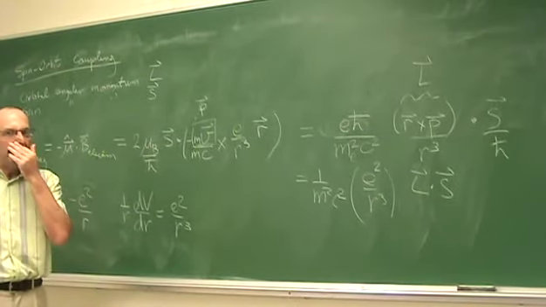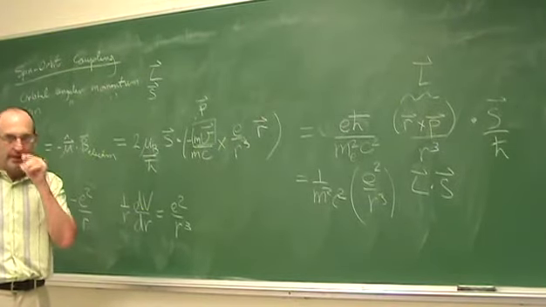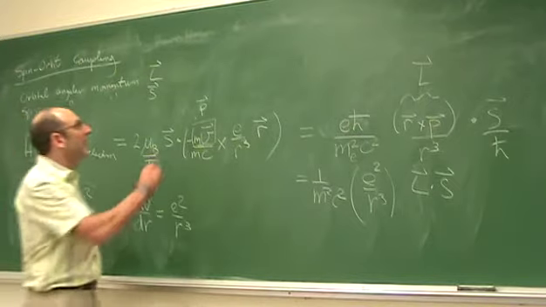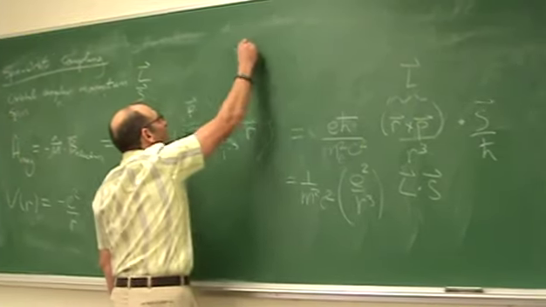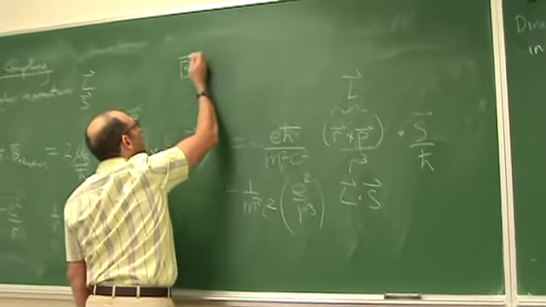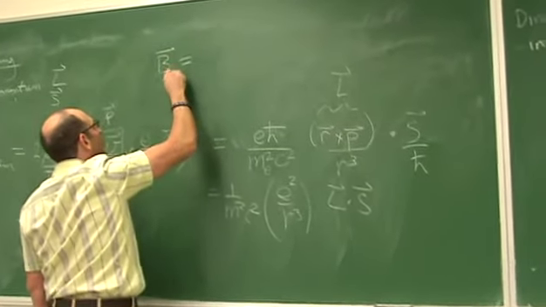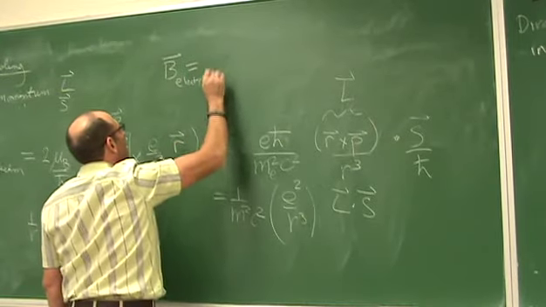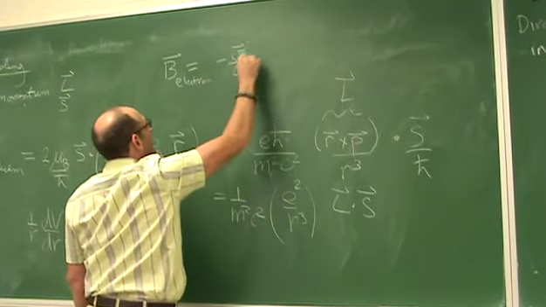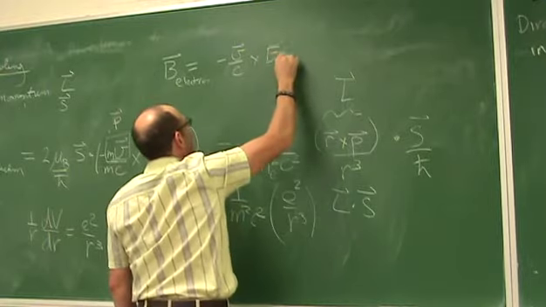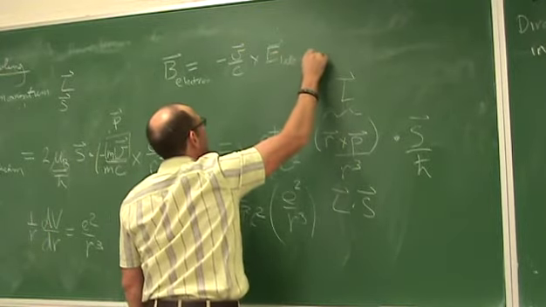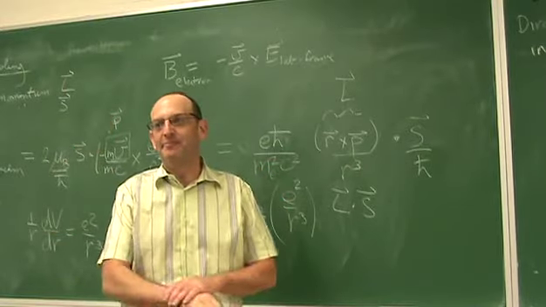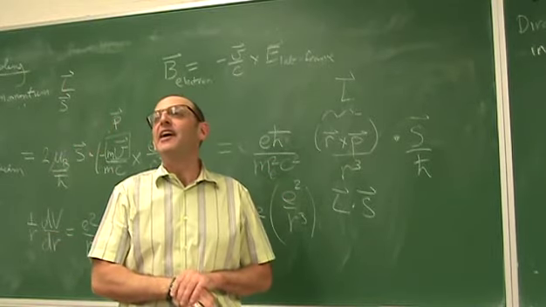And the physics that we did wrong here is a very subtle business, in that when I wrote down that B in the electron frame was minus v over c cross E, I made some very kind of shady remark. And I said something about the instantaneous rest frame, as opposed to just going to the rest frame.